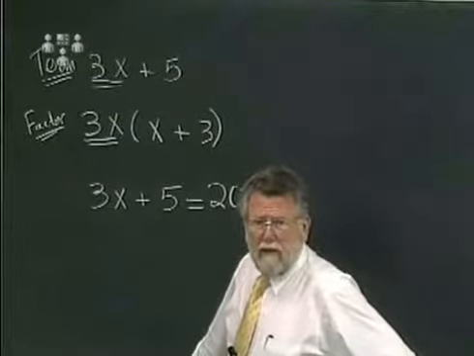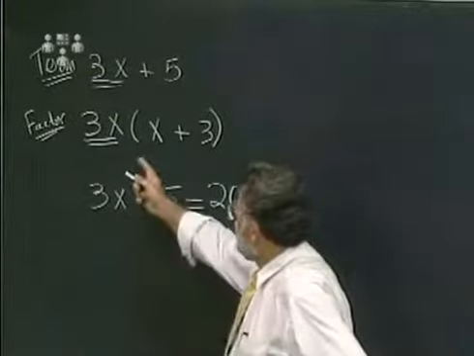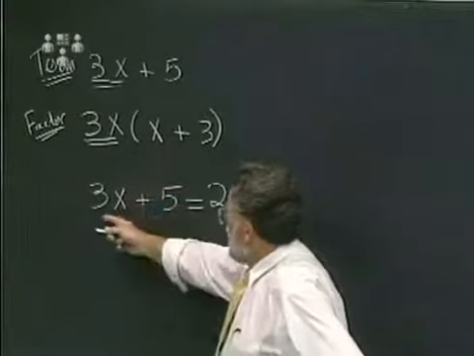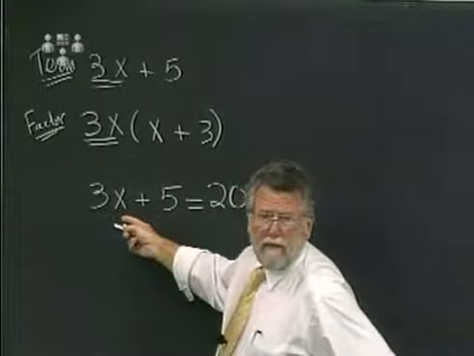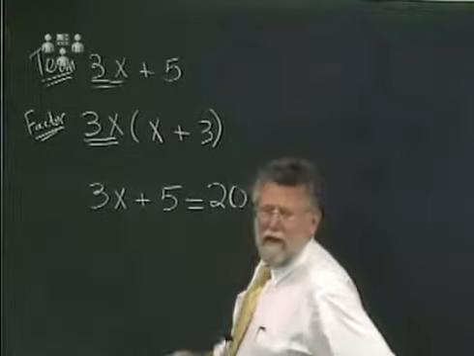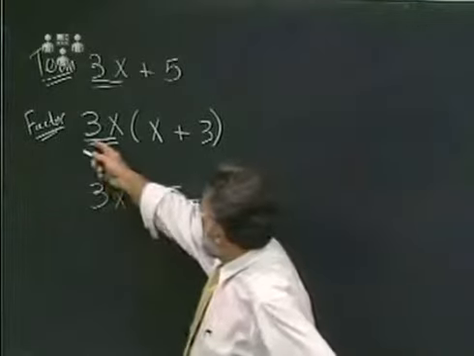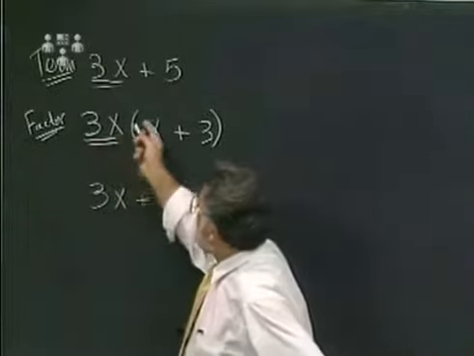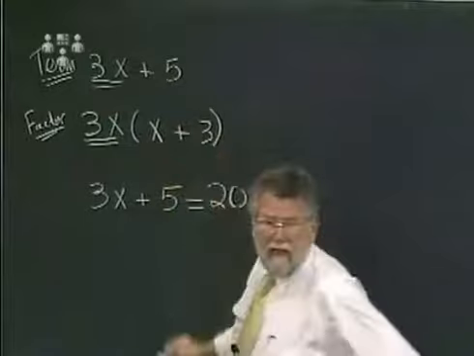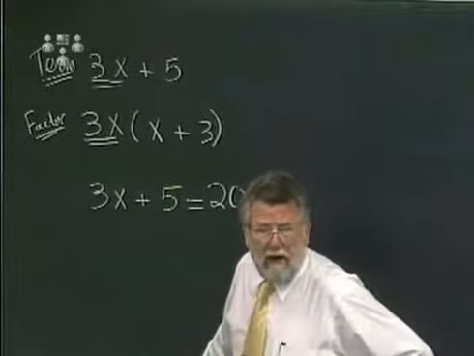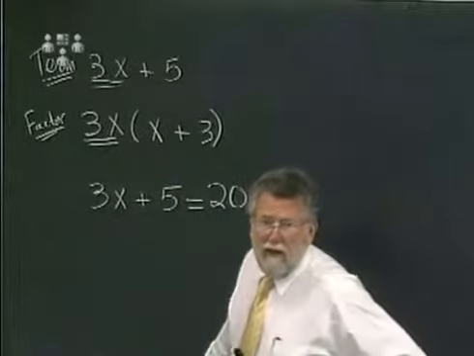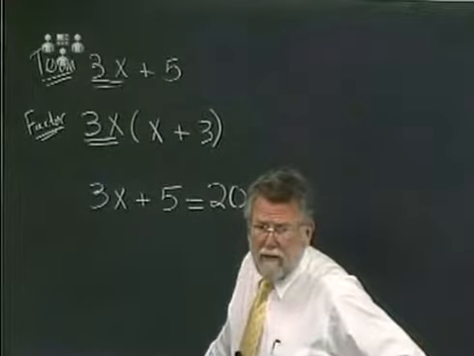Yes, question? On the bottom, is the 3x a factor now? This 3x is a term. It's still a term, a term on the left side of the equation. If I factor 3x out of what was, in essence, a binomial with the greatest common factor, then the 3x sits there as a factor.